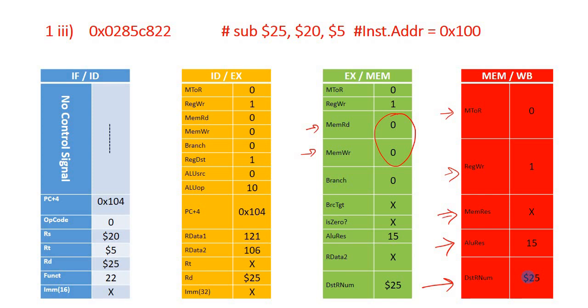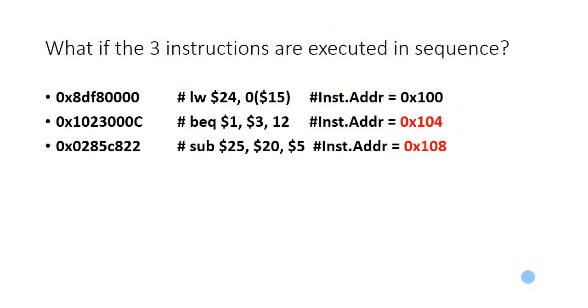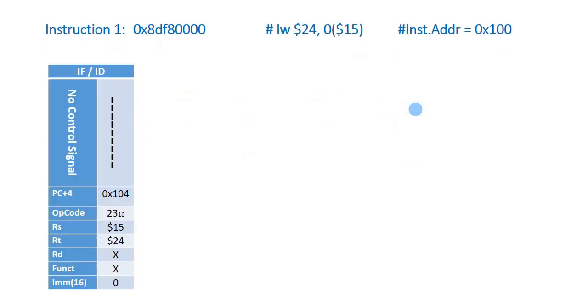So if the three instructions that we just saw are executed in sequence, what will change? The first thing that will change is the instruction address, because in sequence means the addresses will be 4 bytes apart. So if I load the first instruction, that will go to the IF/ID stage.